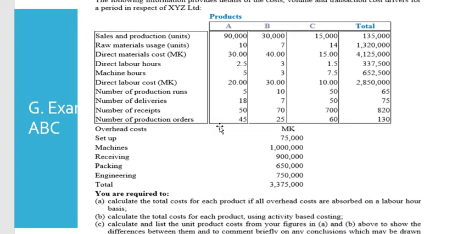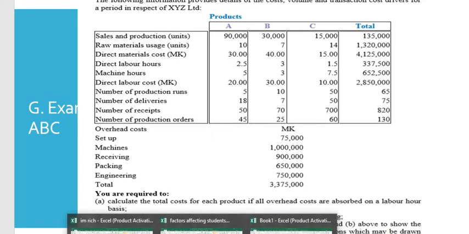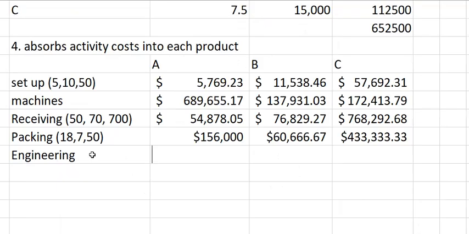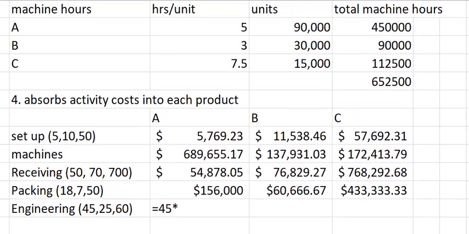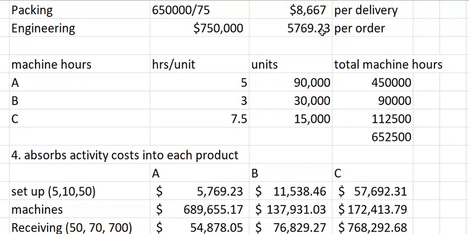Engineering, we had 45, 25, 60. So the same approach for A, that's 45 times this.